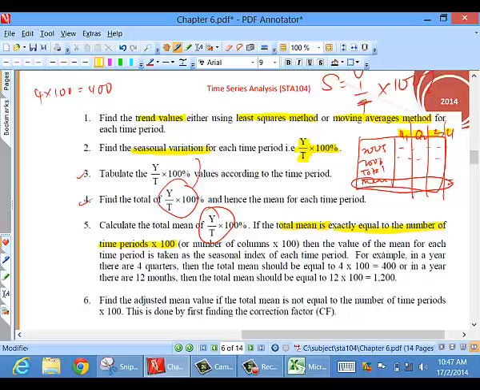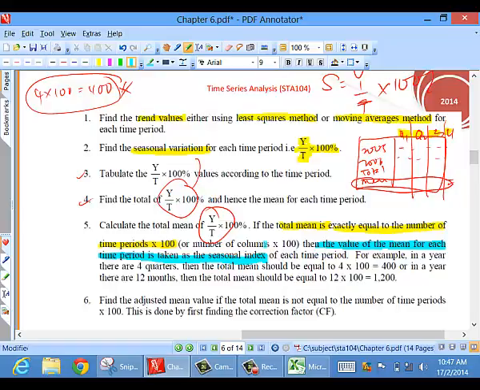If the total mean equals 400, then the value of mean for each time period is taken as the seasonal index. So the value of mean is the seasonal index. No need to do the next adjustment.